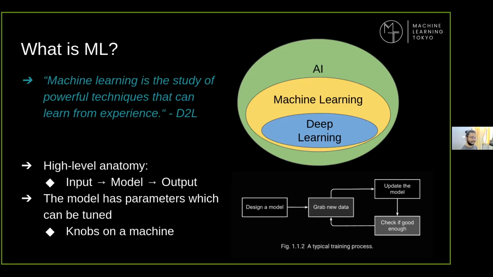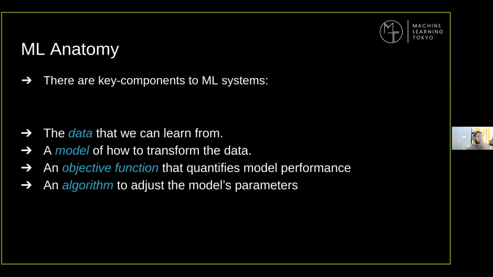These knobs are technically known as parameters, and in machine learning, we deal with parameters all the time.